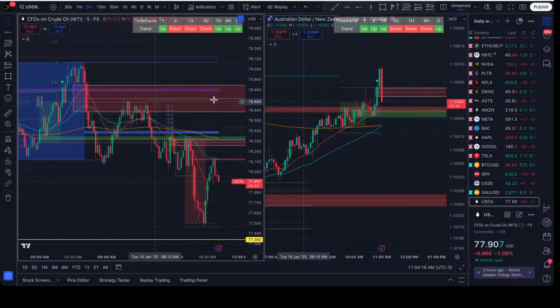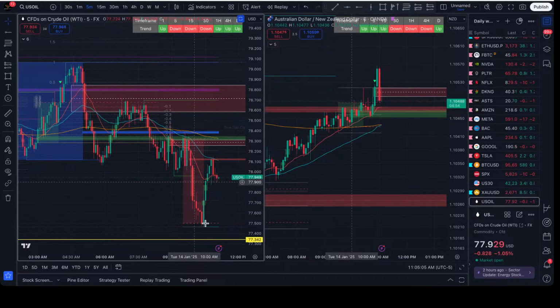It doesn't necessarily have to be here and here. It's not necessarily time-based. It just calculates the range that the New York manipulation will sweep. And today it swept to the downside, which was the fake move. Now the market's moving back up.